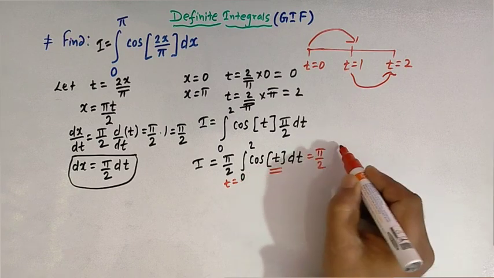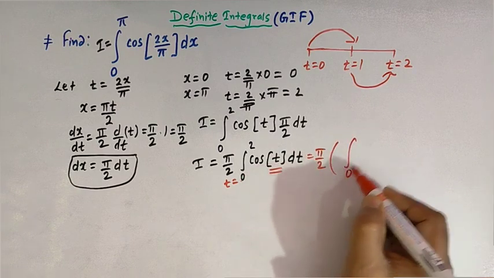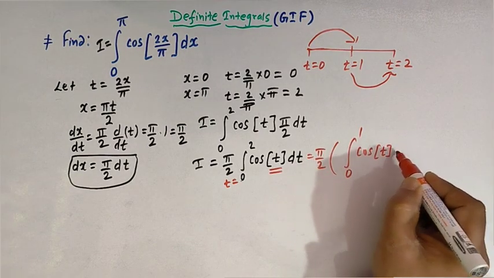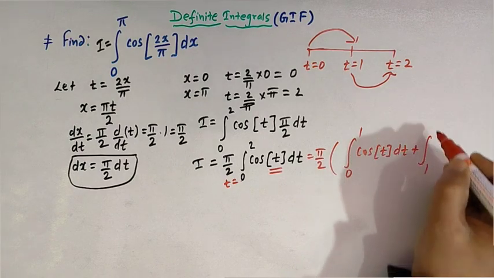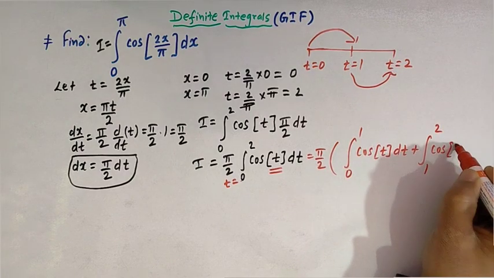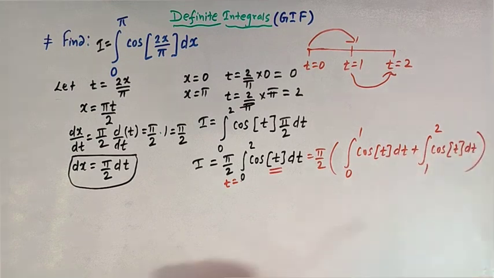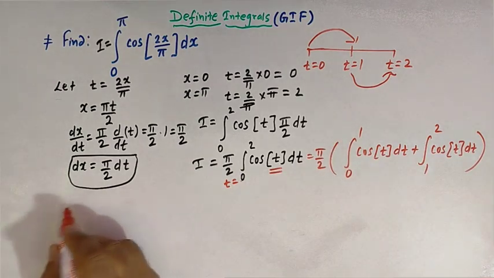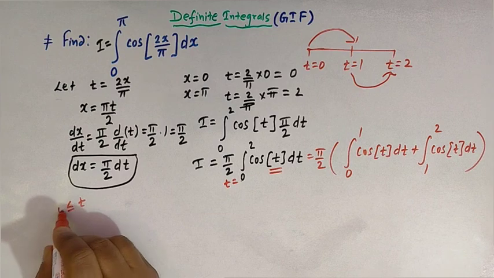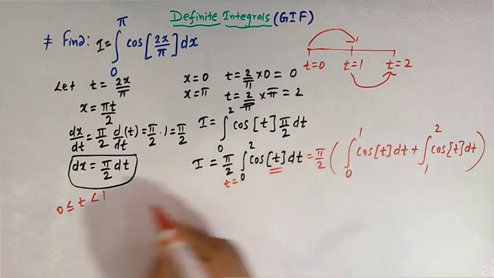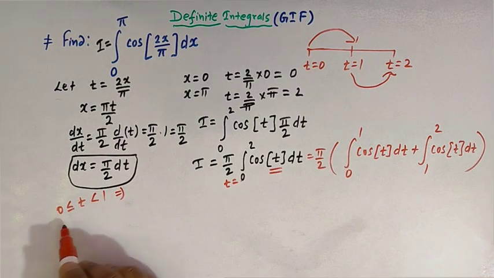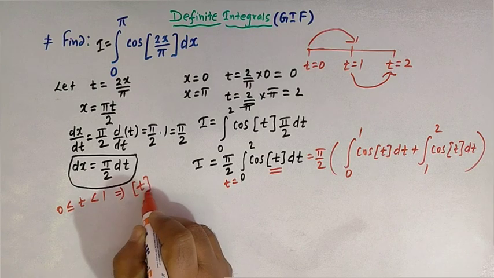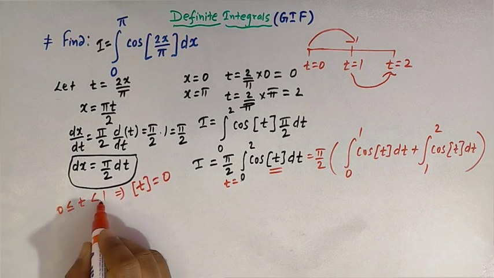So we can now write pi by 2, and here we have first integral from 0 to 1, and cosine of greatest integer of t dt, and here we have 1 to 2 and cosine of greatest integer of t dt, right? So now let us first consider this integral. So here we see that the value of t varies from 0 to 1, right? So by virtue of the definition of greatest integer function, the value of greatest integer of t must be 0 when t lies between 0 and 1.